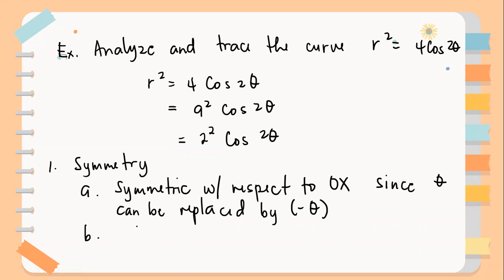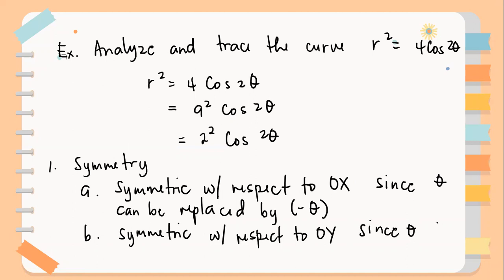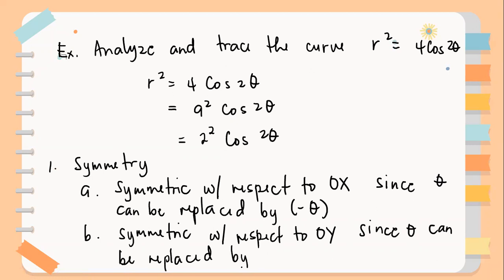Letter B, symmetric with respect to OY, since θ can be replaced by π minus θ.